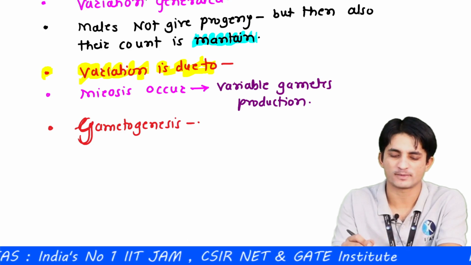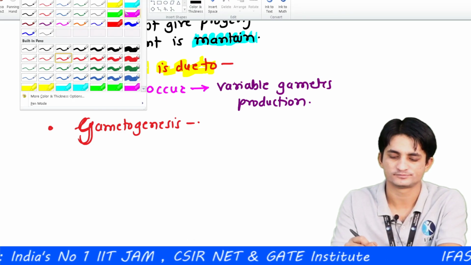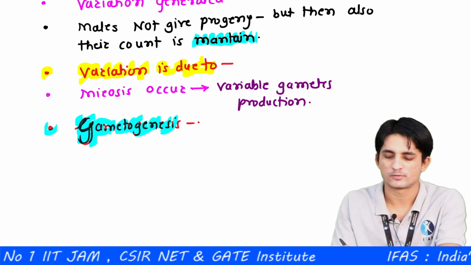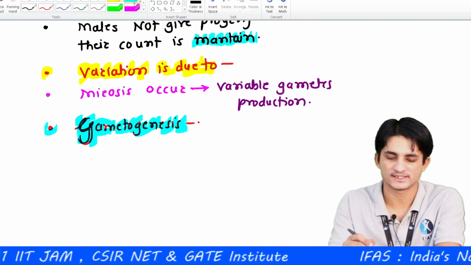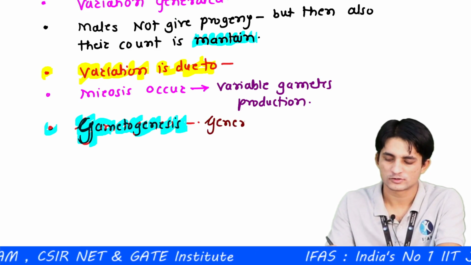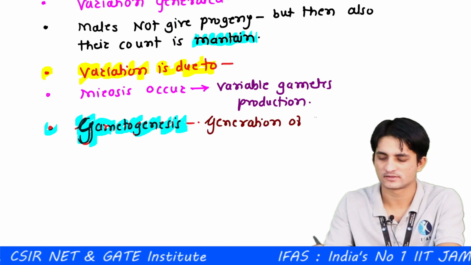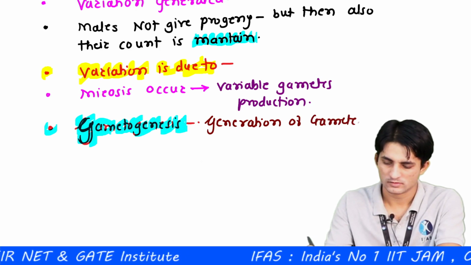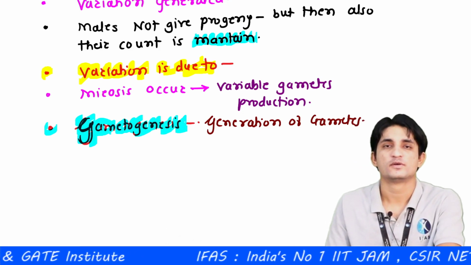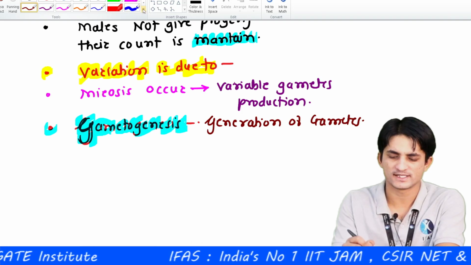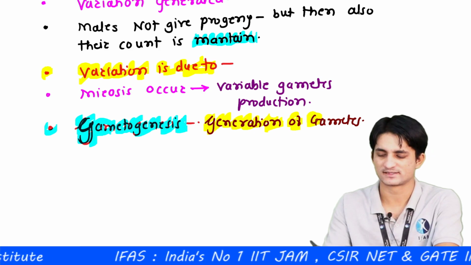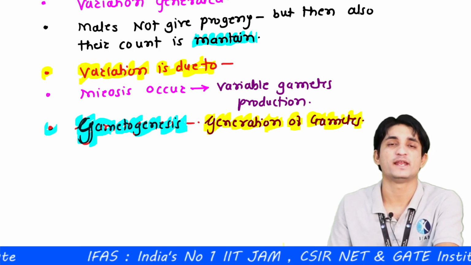So in the process of gametogenesis, meiosis occurs. Gametogenesis is the production of the gametes, or this is called generation of gametes, and therefore here variation is produced. Now in gametogenesis, in which phase is the variation produced?